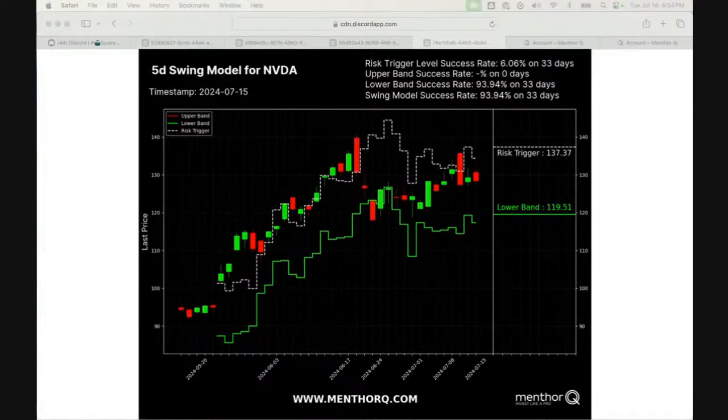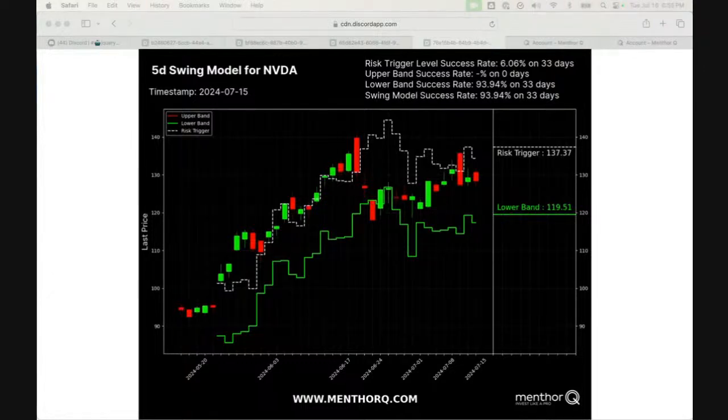Being a little aggressive, which I've been known to be, I might look at selling puts below 119 or 120 and calls around 140, seeing what kind of premium I could get and playing with it that way. I also looked for a long bias toward 135.